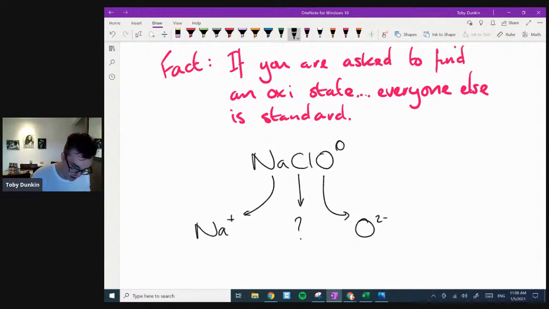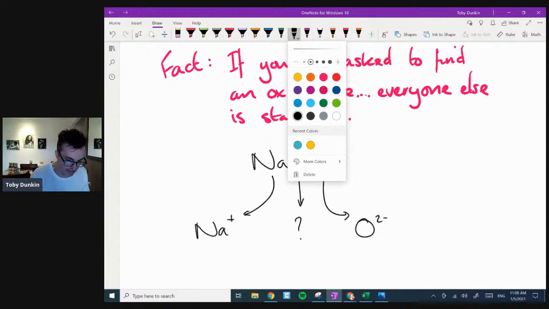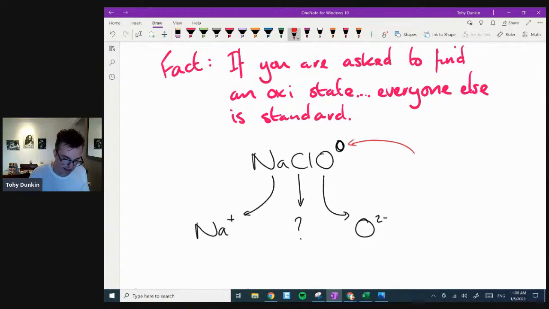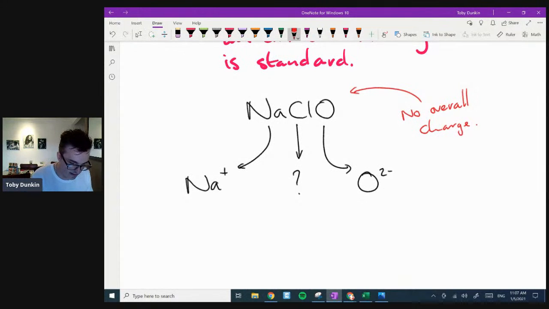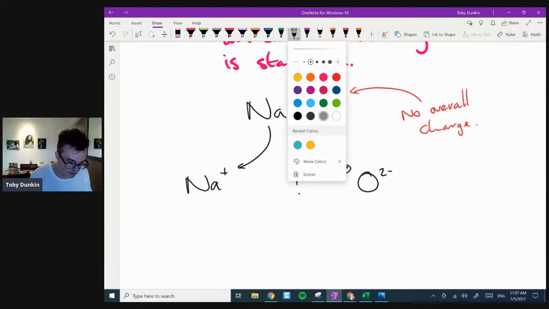And I have no total charge. And that's something which I teach really badly every year. On this compound, there is no overall charge. The reason I know this is because there's no number there. If you want to add the 0 in there for your notes, please feel free to do so.